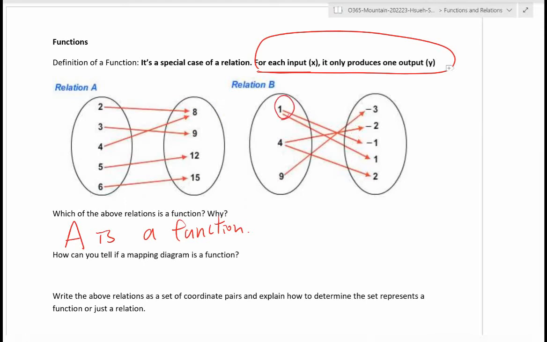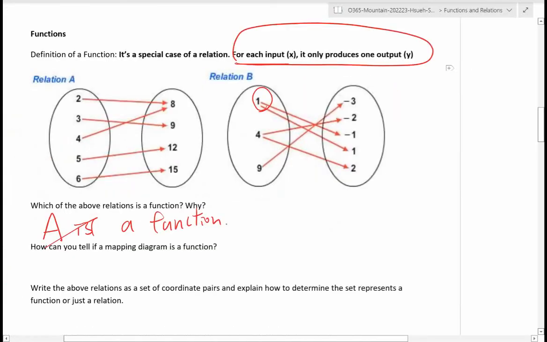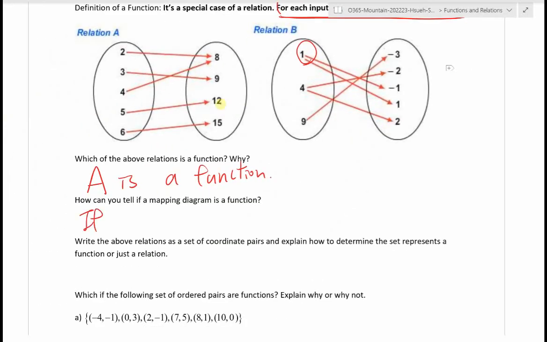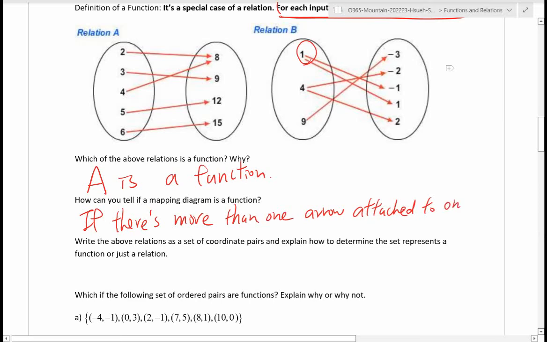If there's more than one arrow attached to the input, to one of the inputs, then it's not a function. Okay, I usually just write fxn for function.